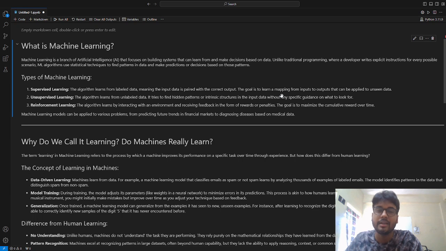I show it like 10,000 images of plants, and I also tell it whether each is affected and by which disease. After this, it learns a pattern. That is what supervised machine learning is. I am telling it first how things are happening.